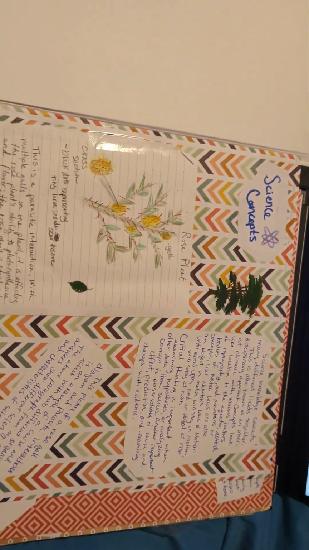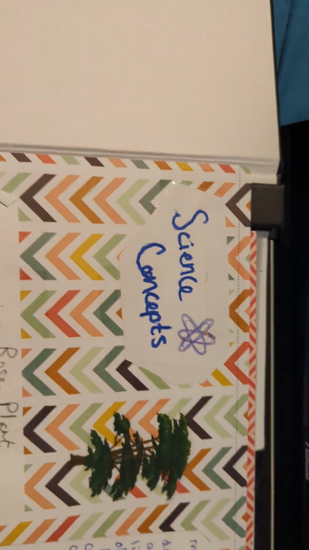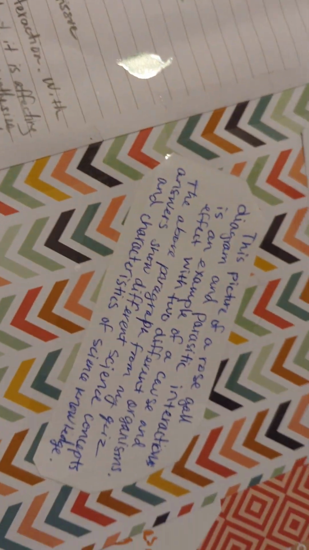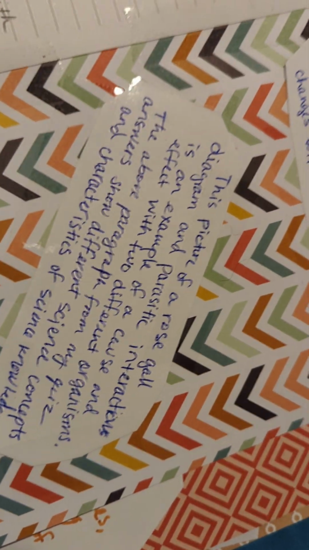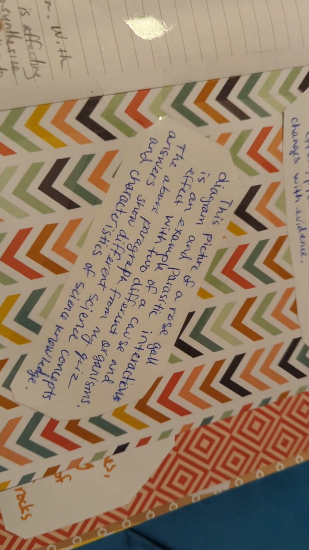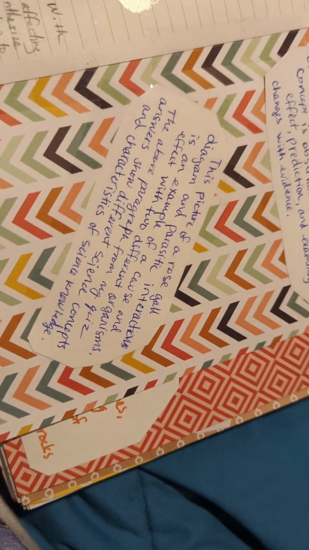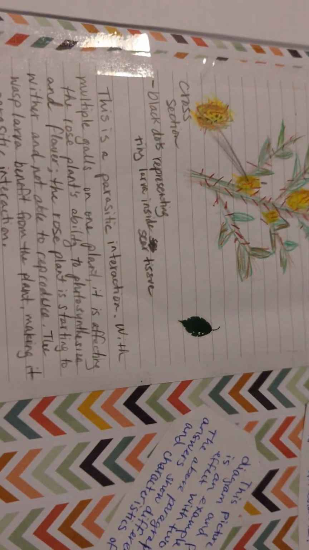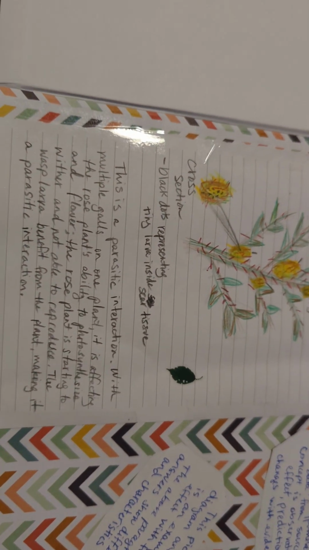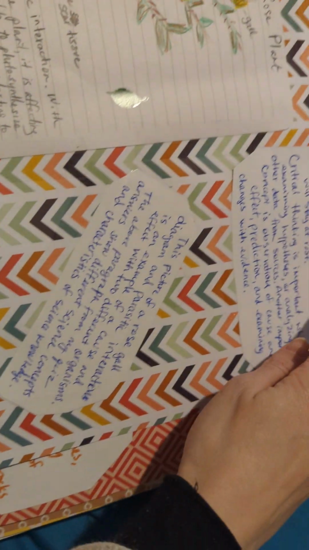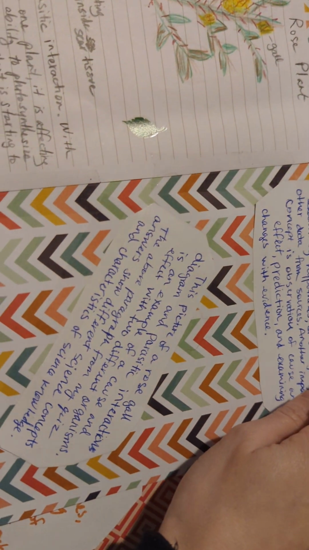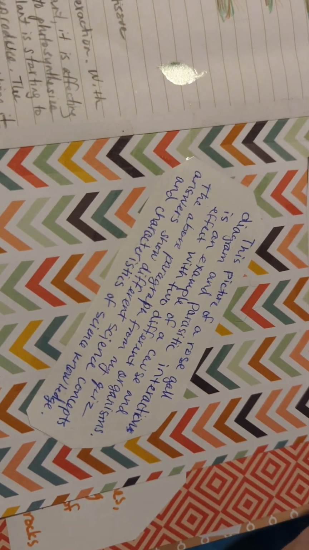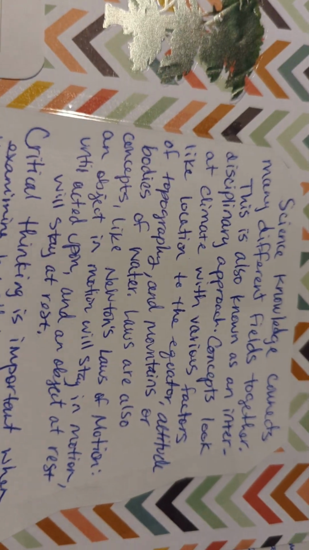Just the overall page, science concepts. This is my big, no, sorry, it's down here. I have the Rose-Gall diagram, which shows parasitic interactions. That's an example of cause and effect. And the paragraph above here from quiz responses shows different science concepts and characteristics of science knowledge.